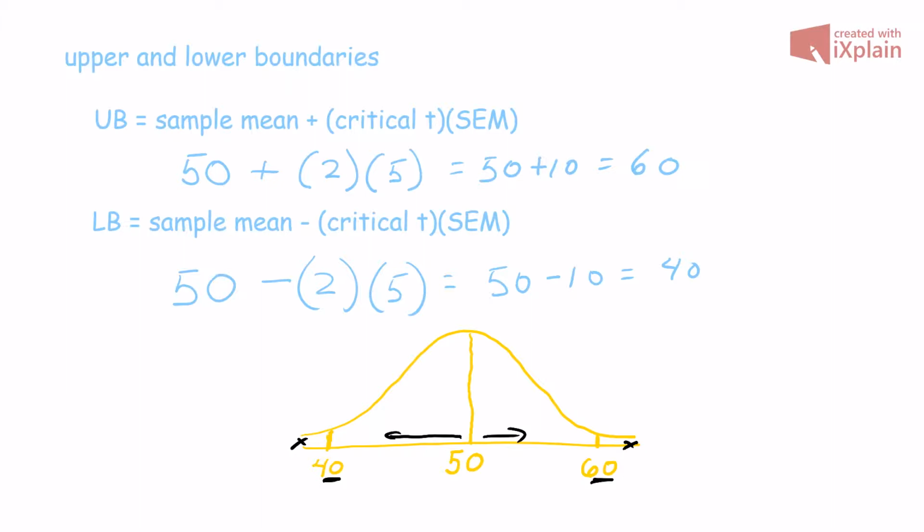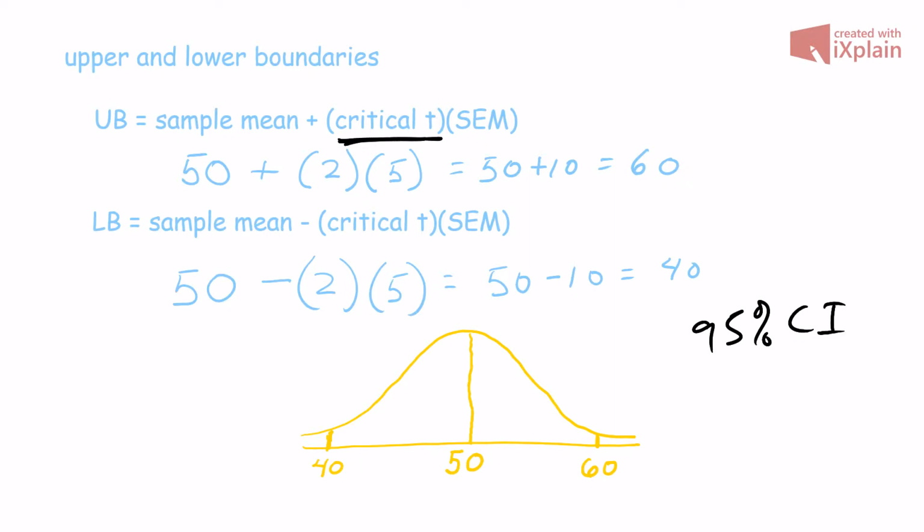Now, how unlikely is it? That depends on the critical t value that you use. And again, a future activity will tell you about that. If you want to have a 95% confidence interval, then that's going to influence the value of the critical t that you're going to use.